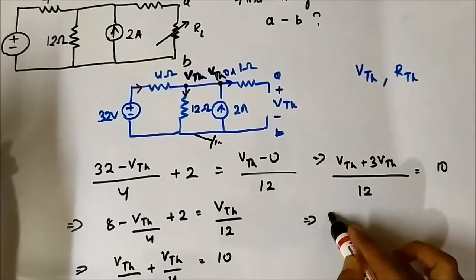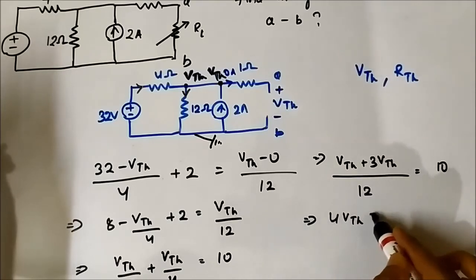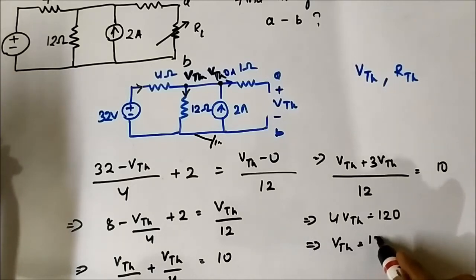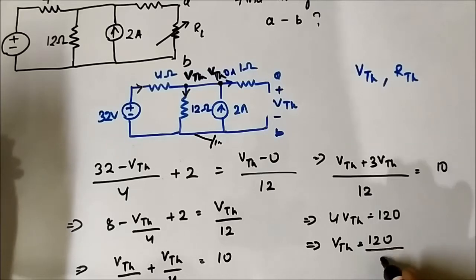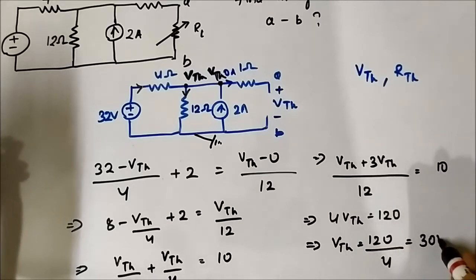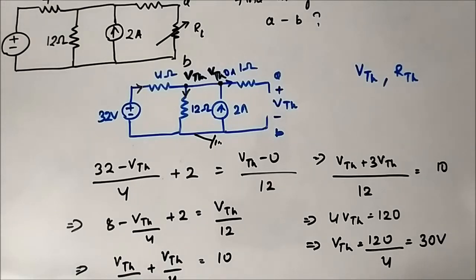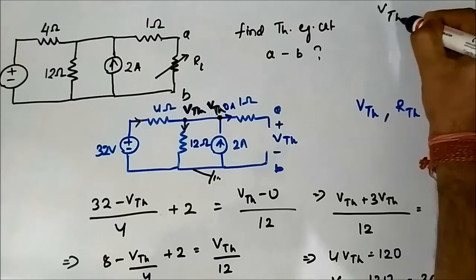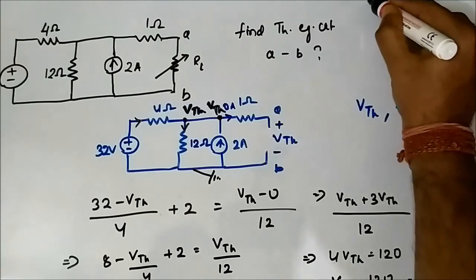That implies 4 VTH is equal to 120, VTH is equal to 120 by 4, which is 30 volt. Okay, so VTH is equal to 30 volt. Now let us write it here separately.